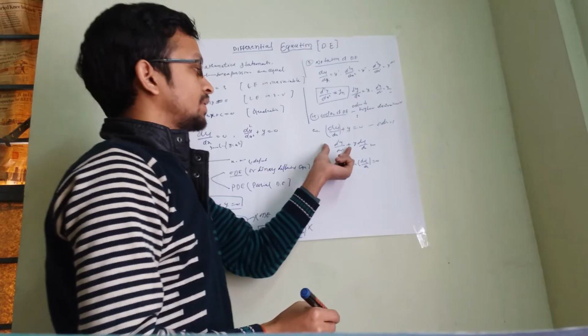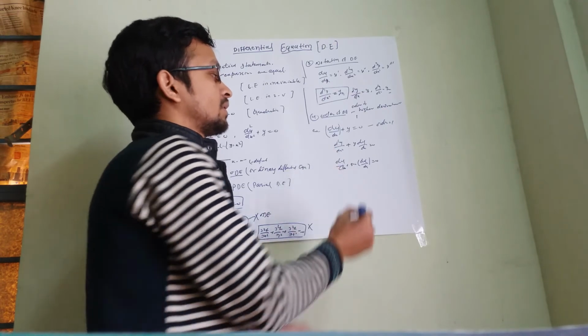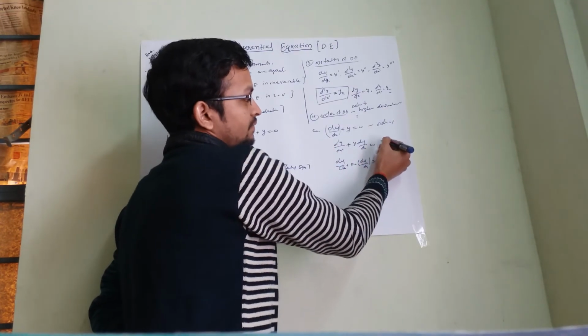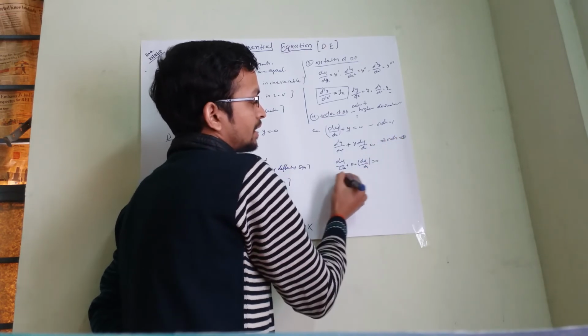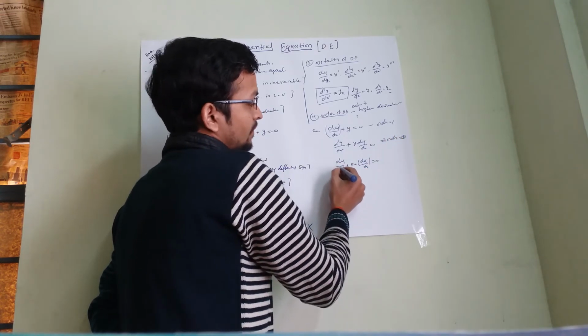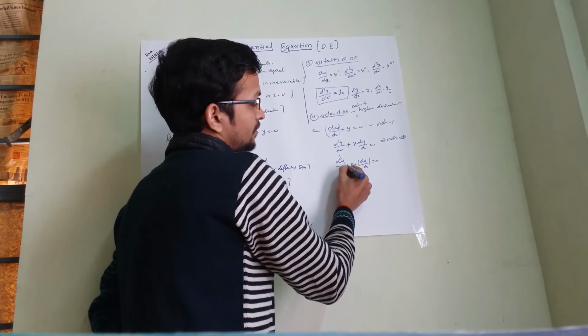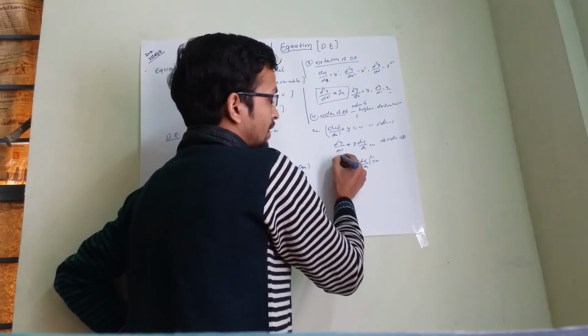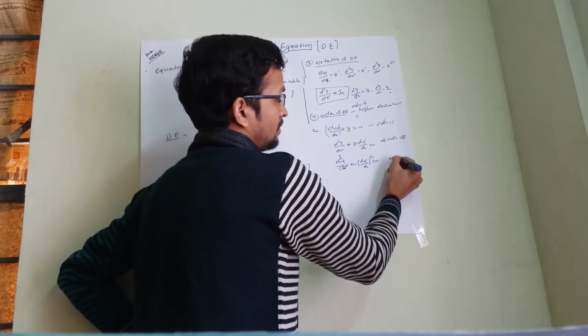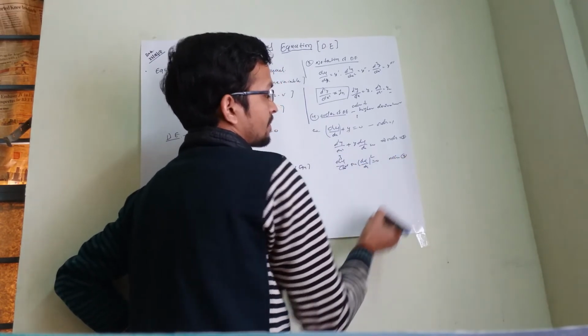Here the highest derivative is of second order, so the order is equal to 2. And here, the derivative is of third order, so the order is equal to 3.